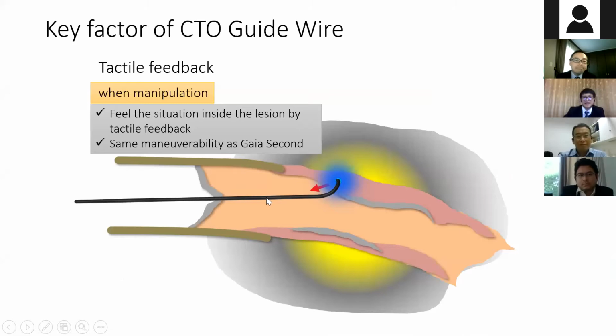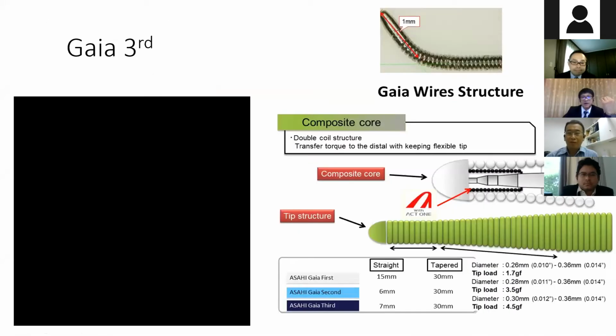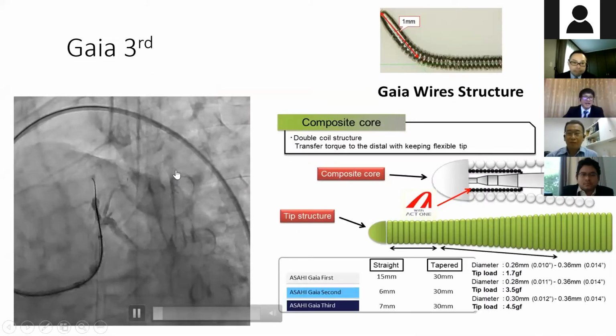For the key factor of CTO guide wires, when you go through different stiffness layers of the vessel, you feel the resistance from your fingertip. At this point, you choose to rotate the guide wire to another direction, and then advance. But that cannot be done with the Conquest Pro.